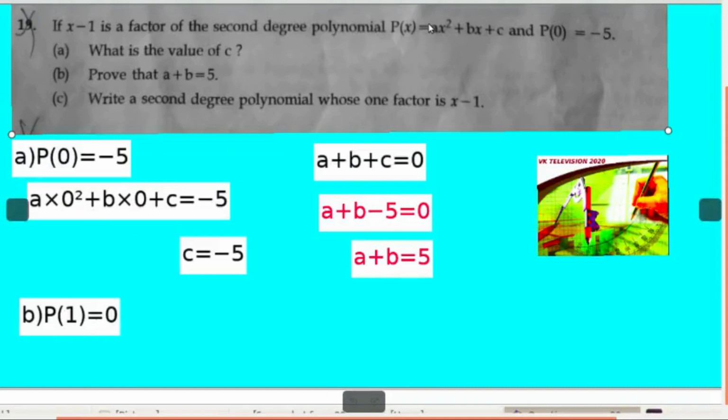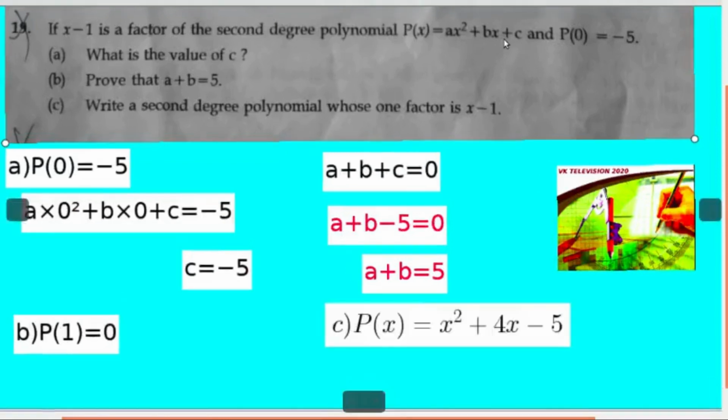So we write 1x square plus 4x minus 5, or 2x square plus 3x minus 5. That is p of x equal to x square plus 4x minus 5. The sum of the coefficient of x square and the coefficient of x must be 5. So this polynomial has a factor x minus 1.